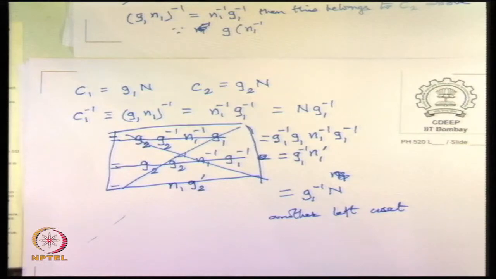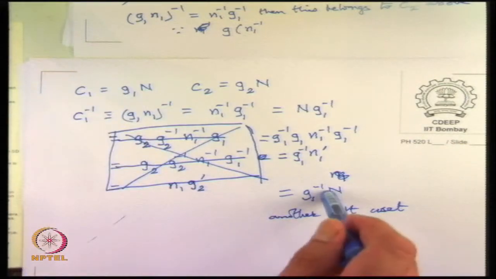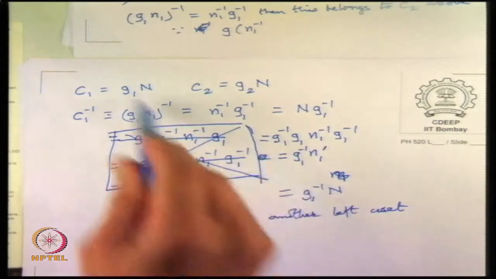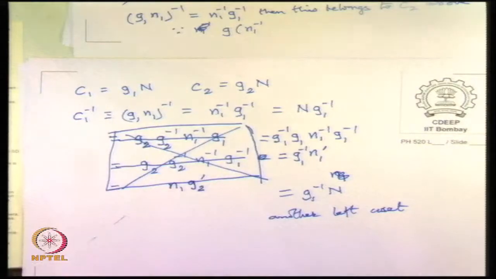So it shows that given any coset, there exists another left coset such that it is the inverse in the usual sense, where N acts as the identity.